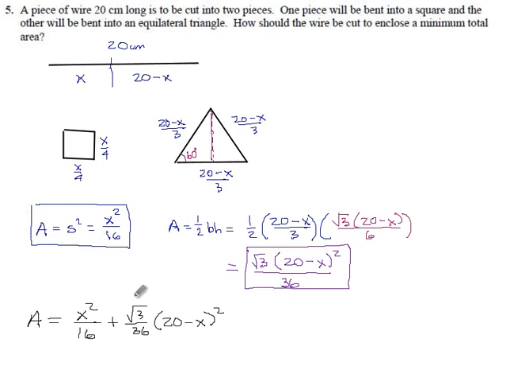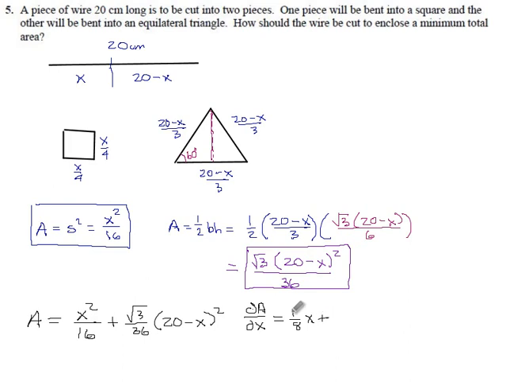So if we do the derivative, I kind of wish I'd written 1/16 x squared. I'll probably change that on the fly. Our derivative dA/dx is 2 times 1/16, which gives 1/8 x to the 1.